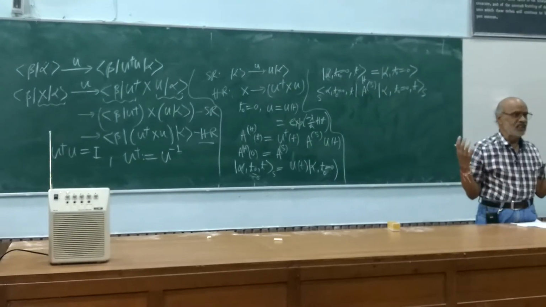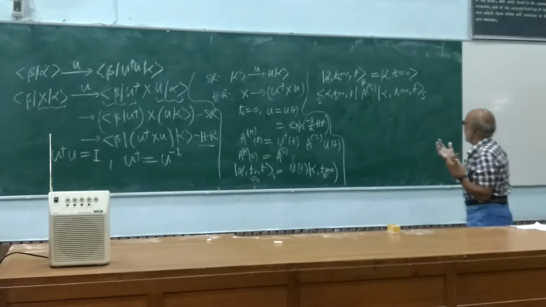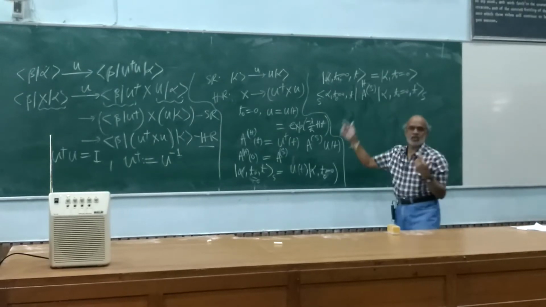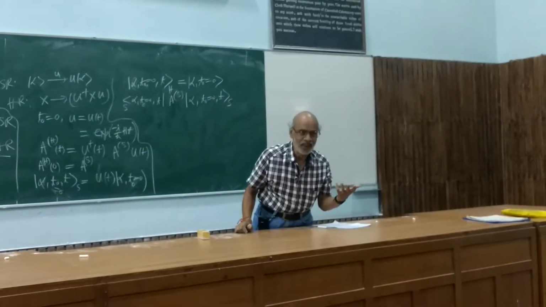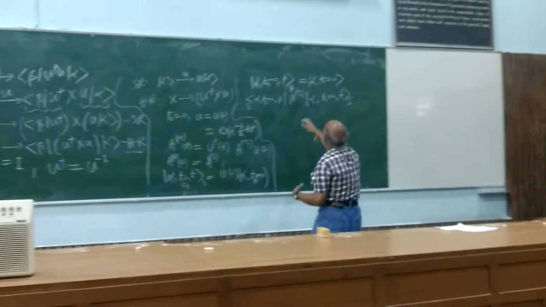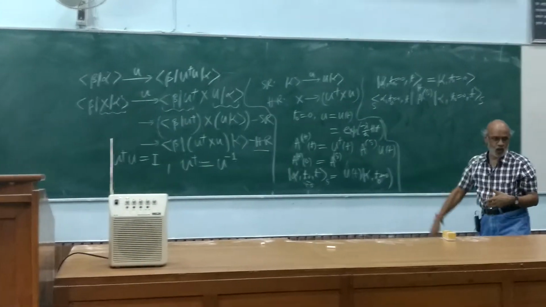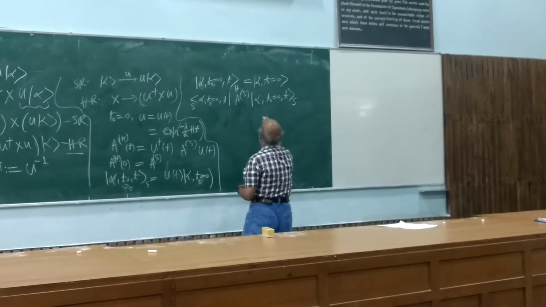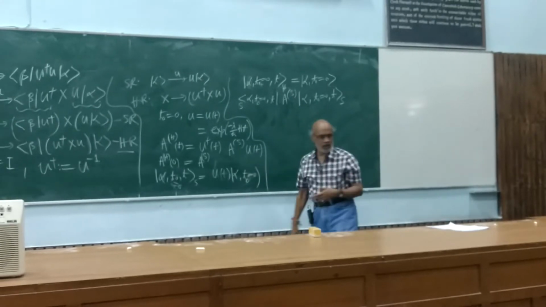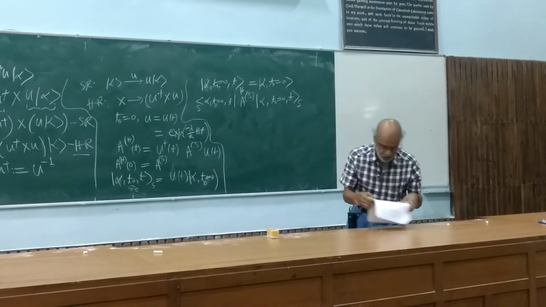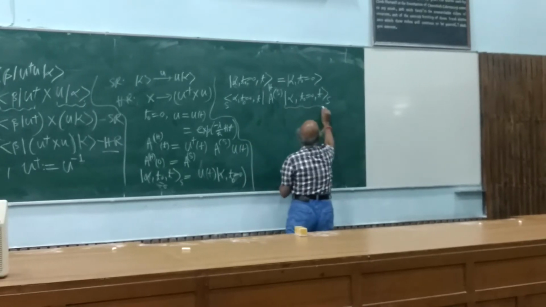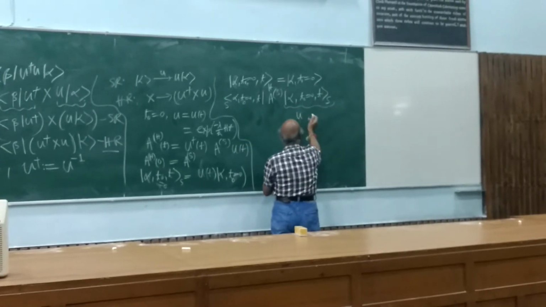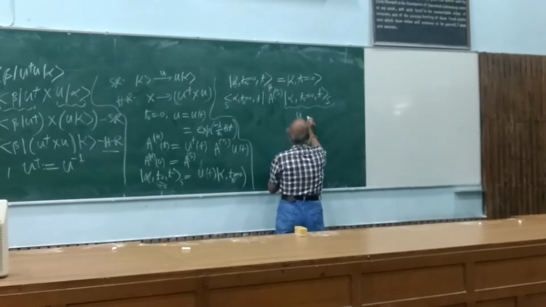This object is the expectation value of this operator in the Schrodinger representation. Okay, this is the expectation value of this operator in the Schrodinger representation. And now this is equal to U times alpha.